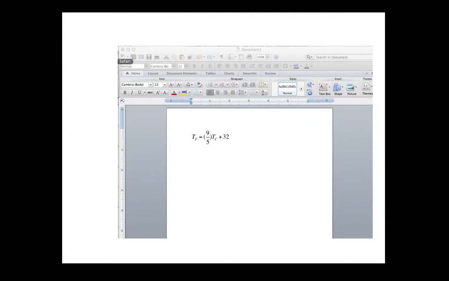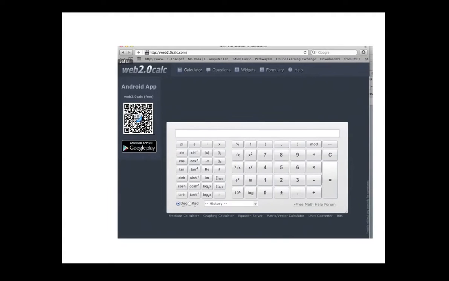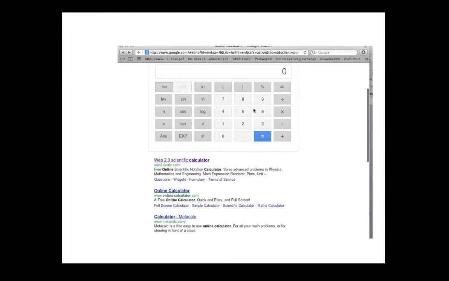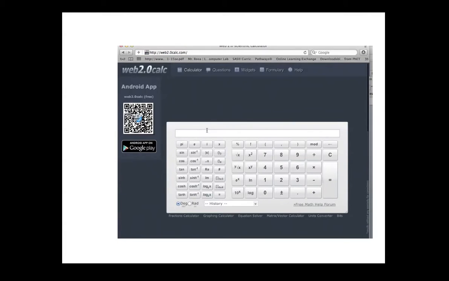To use a calculator, now that you have a computer, I'm going to show you what I did. Go to Google and just type online calculator. Once Google gives you the option, please go to the web scientific calculator, and then you have this one.